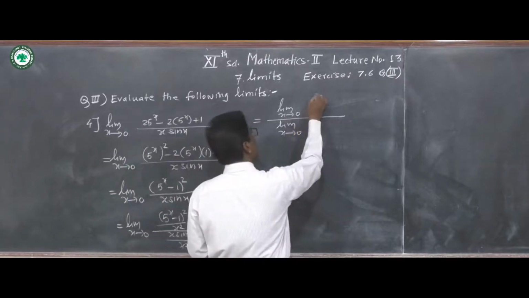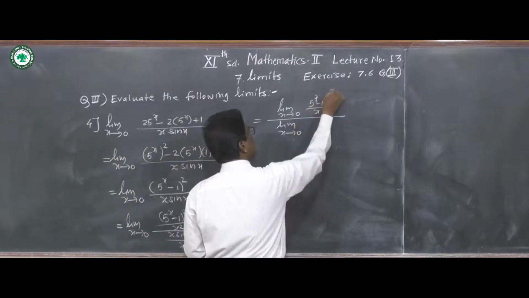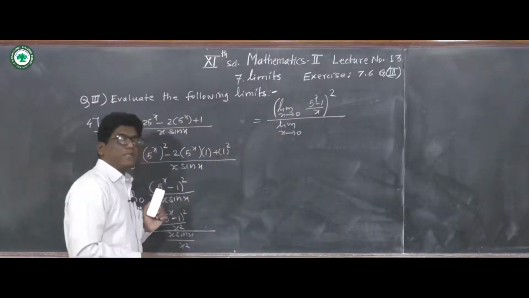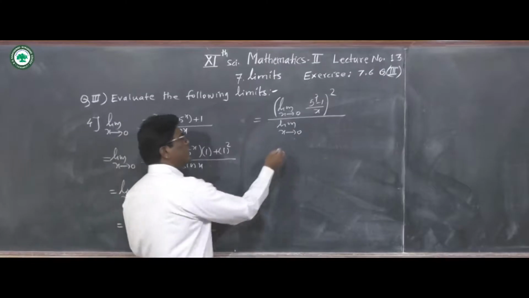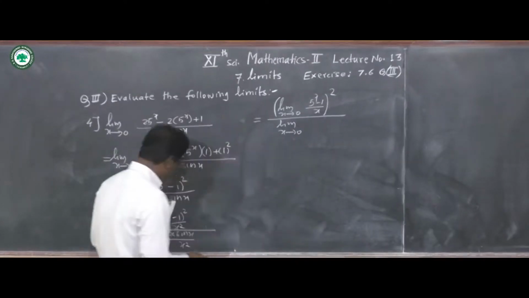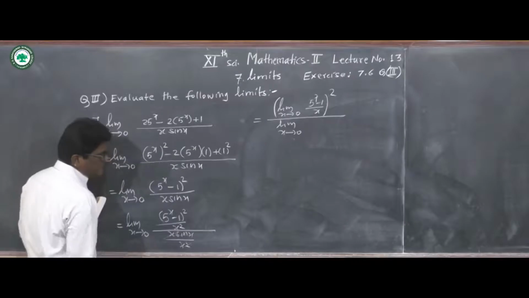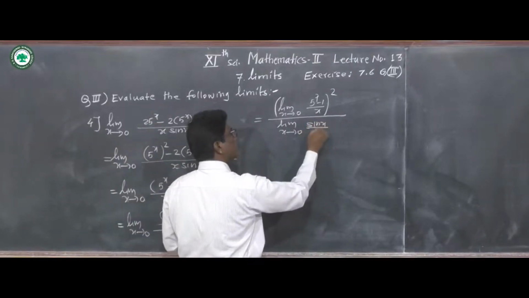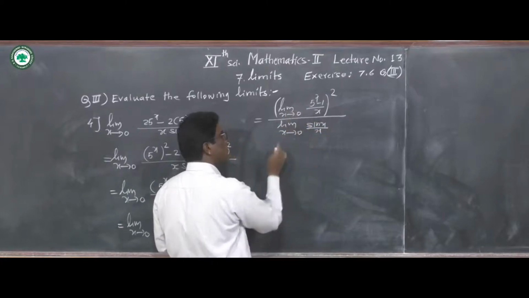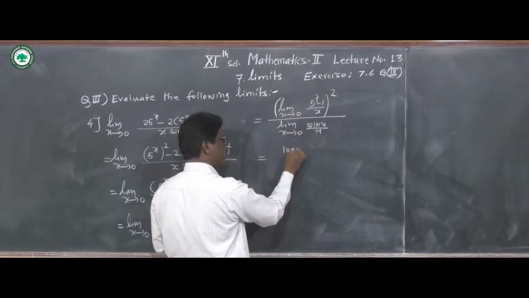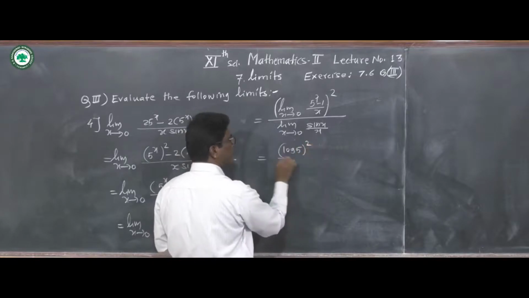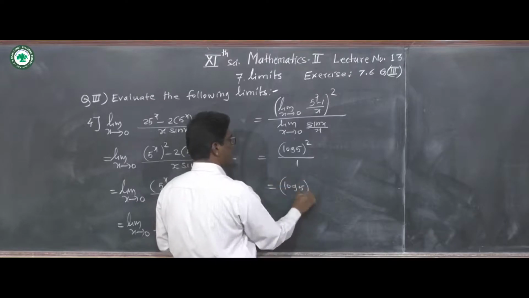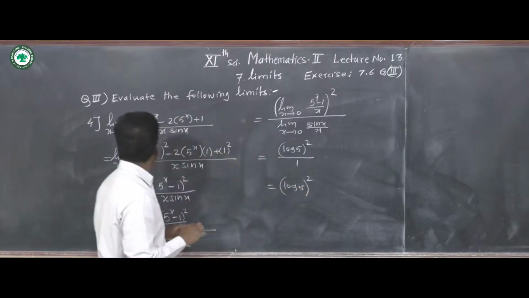That means (5 to the power x minus 1) upon x, bracket square, taking the limit inside the bracket, and in the denominator x and x get cancelled, so sin x upon x. Now use the standard formula. This is log of 5, so it is (log 5) bracket square divided by 1, which equals (log 5) bracket square. This is the solution of this problem.